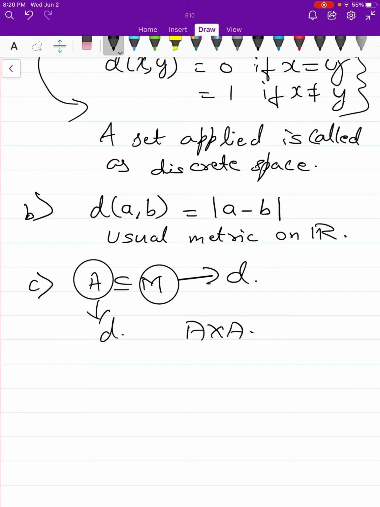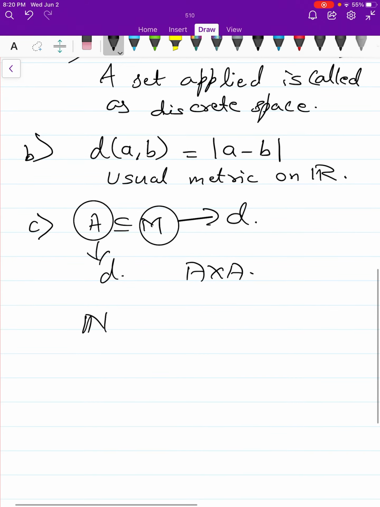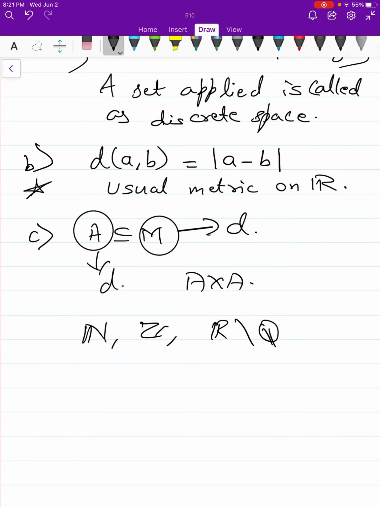For example, of particular interest would be N, Z, and R minus Q. R minus Q is the set of all irrational numbers. Each of these sets is already supplied with a natural metric, which is called the usual metric on R. That is example B here.